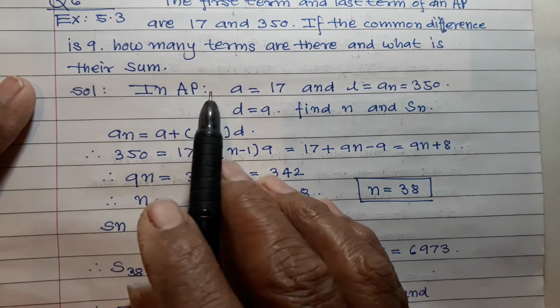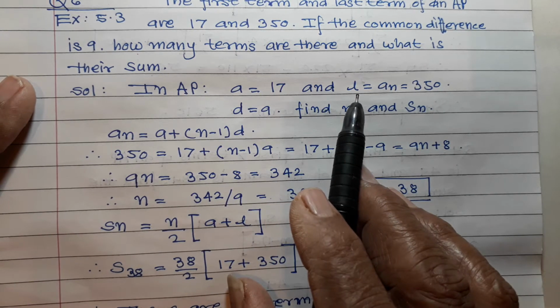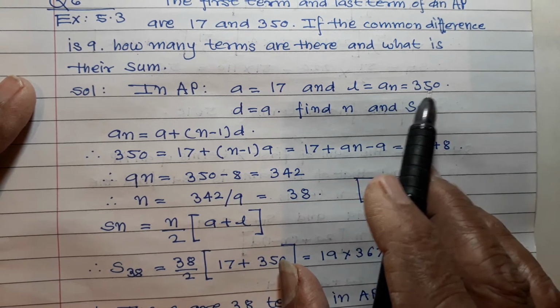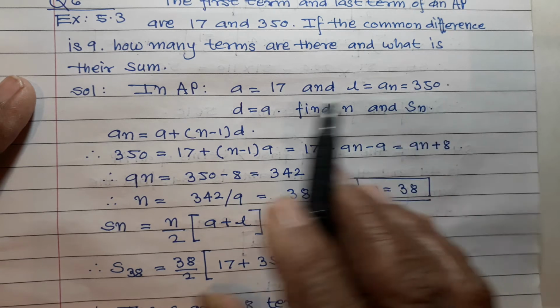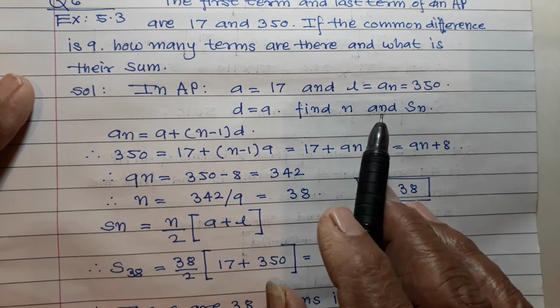In an AP, a is equal to 17 and l, that is a_n, is equal to 350. d is equal to 9, given. Find n and S_n.